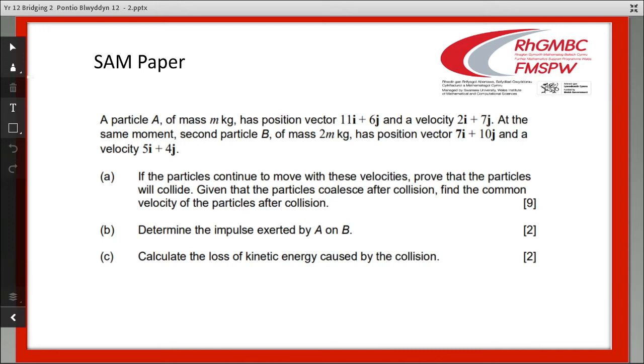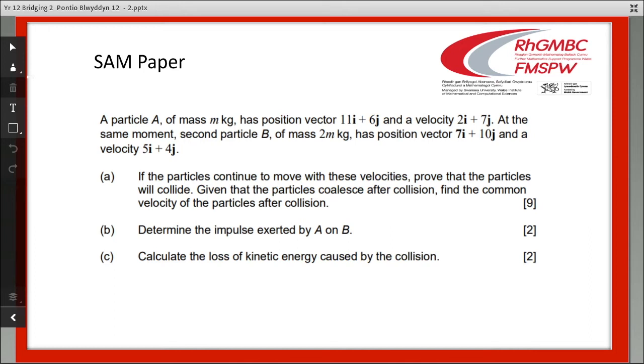As far as this question is concerned, if we read the first sentence only, it says a particle A of mass m kilograms has a position vector of 11i plus 6j. So effectively, that's my start place. It has a velocity of 2i plus 7j.